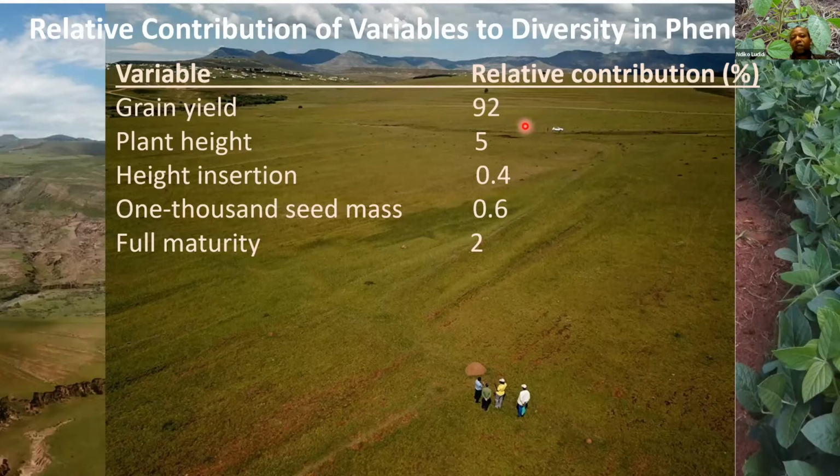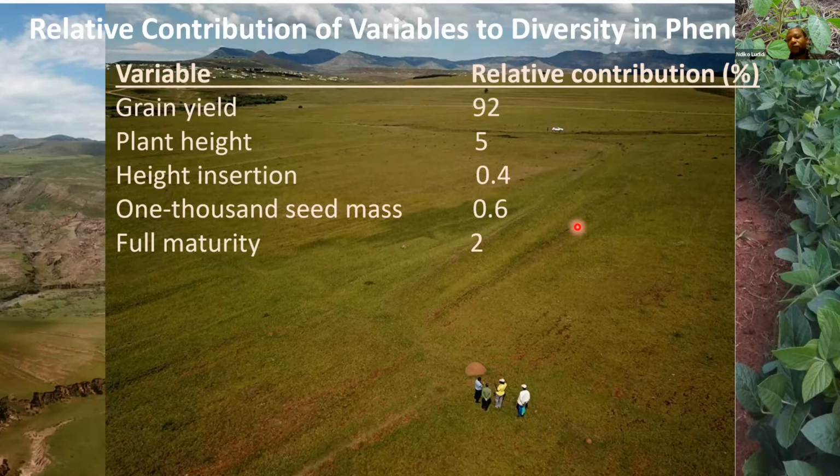That contributed about 92% of the differences. The next most significant contributor was the height of the plant. Even though not shown here, I would also want to mention the number of pods.